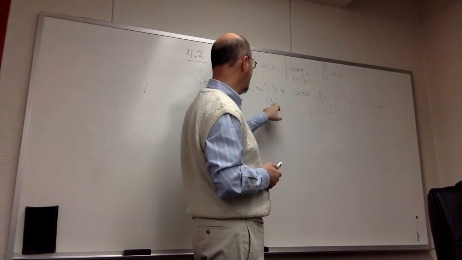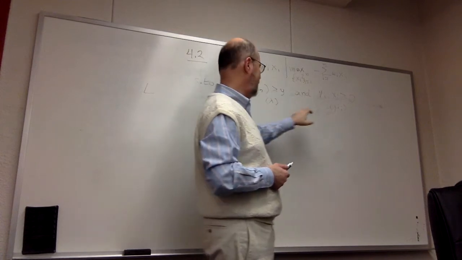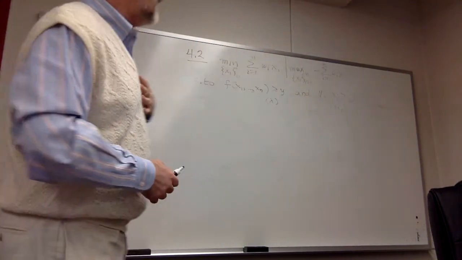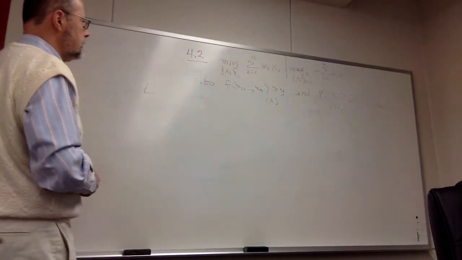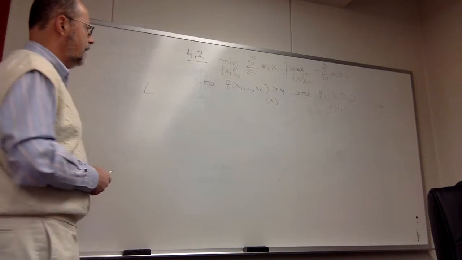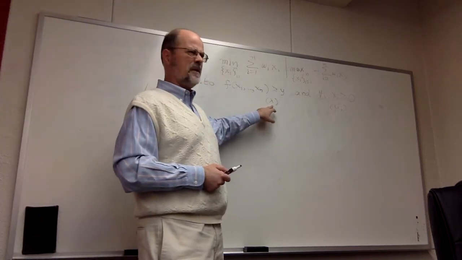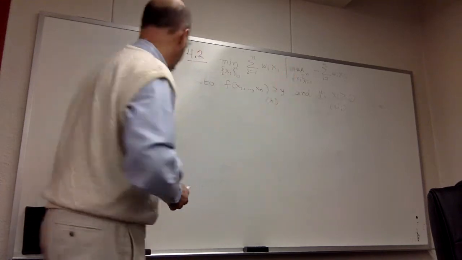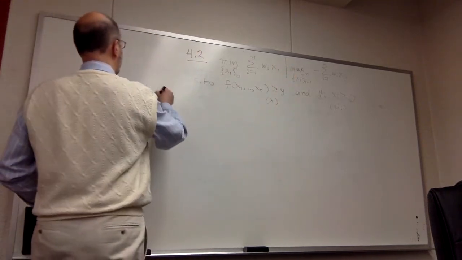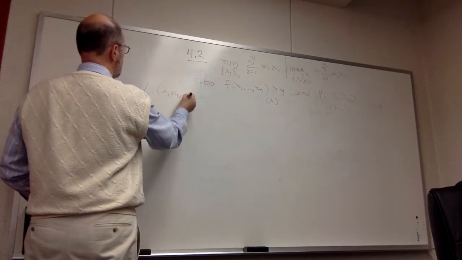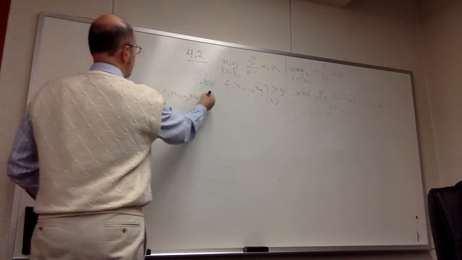Another solution would be to write this lambda 0 and then lambda 1, and so on, whatever you like, it doesn't matter. In fact, I looked at his answer key, and he calls this multiplier t for some reason. Okay, so I have then the Lagrange function, which is a function of lambda, the mu's, and the x's.